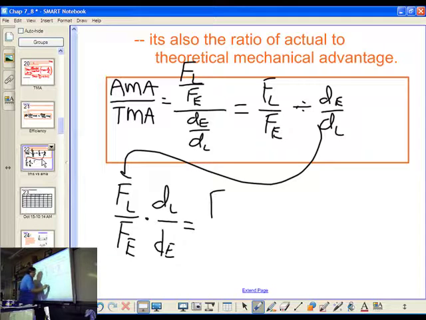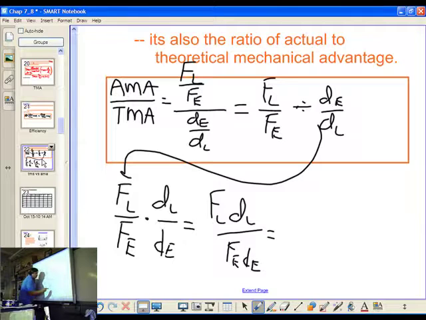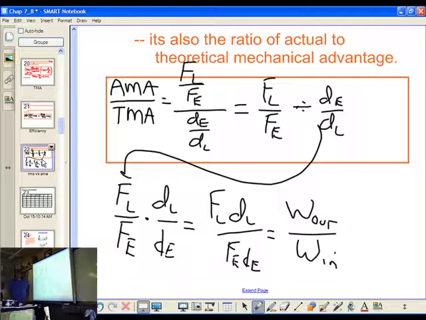So I end up with the load force times the load distance, over the effort force times the effort distance. Well, load force and distance, that equals work out. Effort is work in. So you can see AMA over TMA is the same thing as work out over work in.